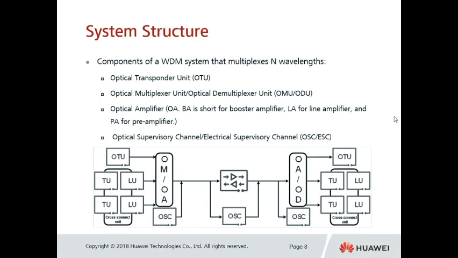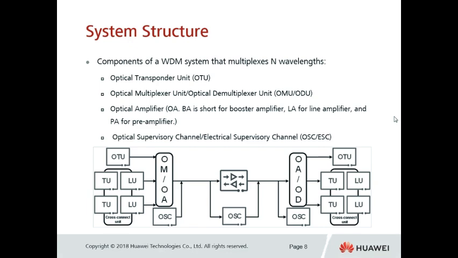OTU, optical transponder unit. This is the major function of OTU. After we use different OTUs to connect with different customer services, the OTUs will output different standard wavelengths, and those wavelengths already carry your customer service. And then we can multiplex them into the same fiber.